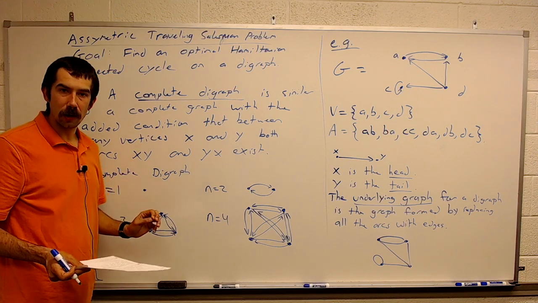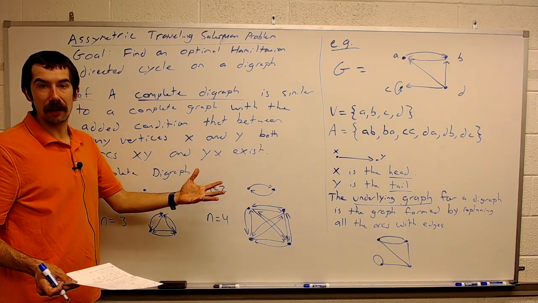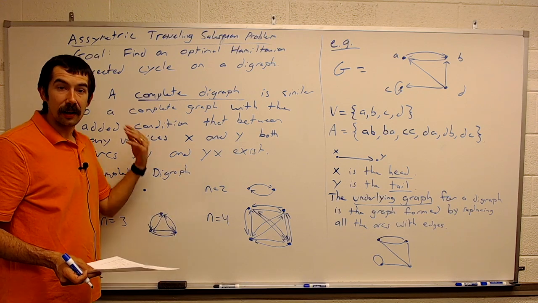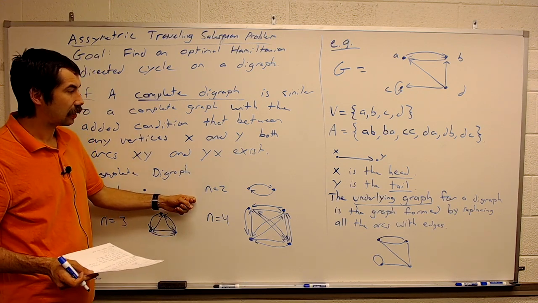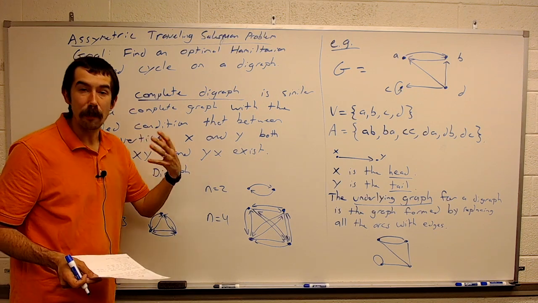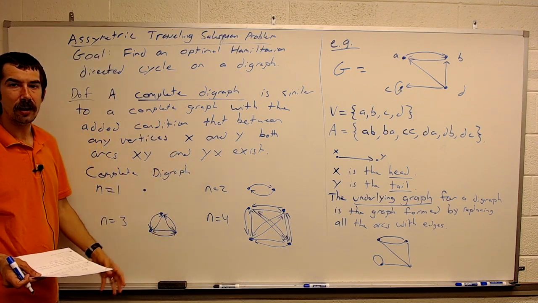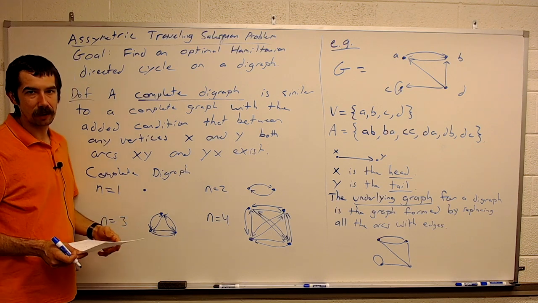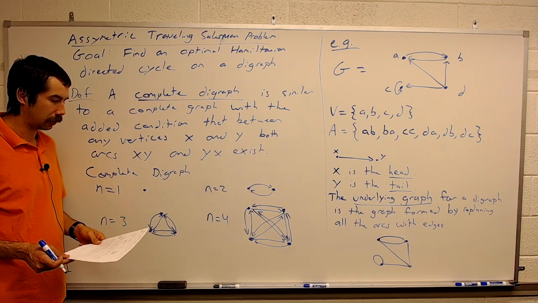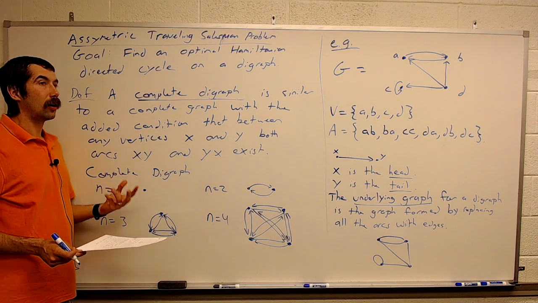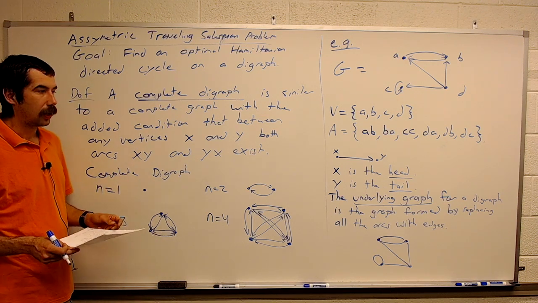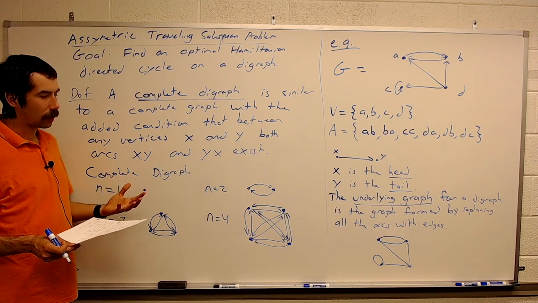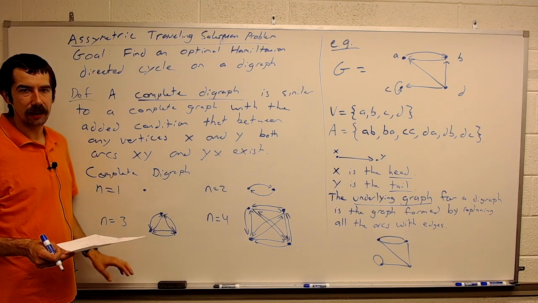And so our goal is we're going to use some of the algorithms that we discussed in previous videos to find maybe not the most optimal Hamiltonian cycle, but good enough Hamiltonian cycles for most practical purposes. All right, but all of our algorithms involved using graphs, not directed graphs. And so what we're going to do is something called the undirecting algorithm.